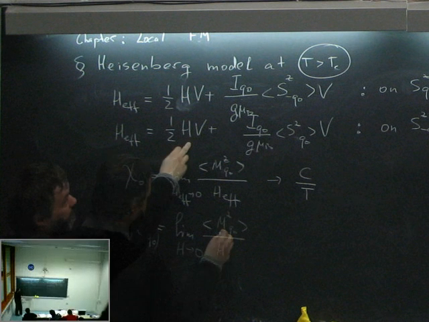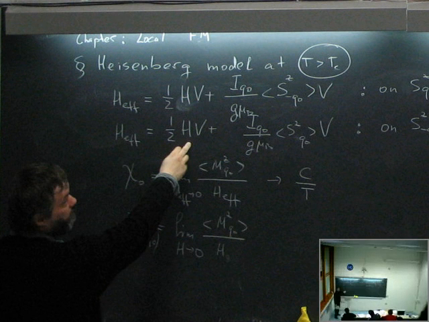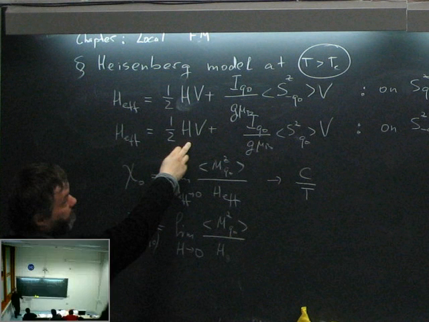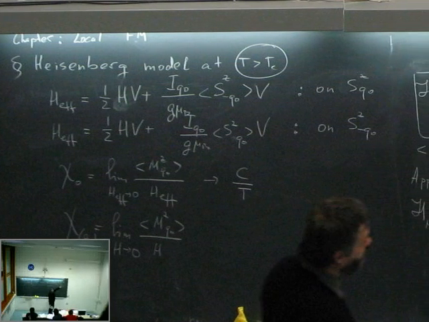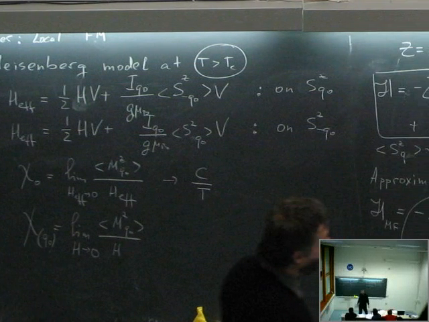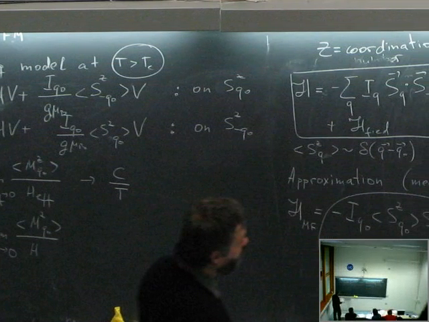So this one does depend on the field. This is the response to the applied external field, whereas the other is the susceptibility of our effective model, where we are talking about non-interacting spins subject to some effective magnetic field.